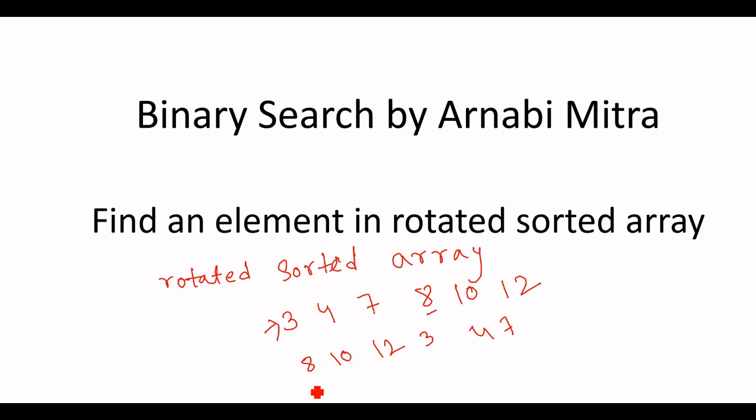We will go left, and at left there is no 3, so we will return that the element is not found. But that is not true. 3 is there, because it is a rotated sorted array. Now how we can solve it and what should be our approach, I will be explaining.